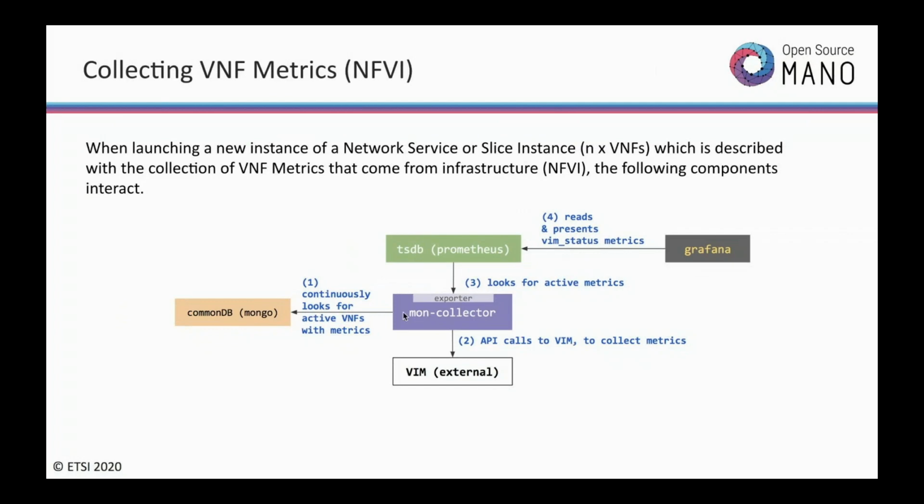So what MON does to collect metrics that come from an API, basically CPU, memory, disk, and networking information from interfaces, is continuously look for active VNFs with metrics, VNFs that were modeled to gather metrics.